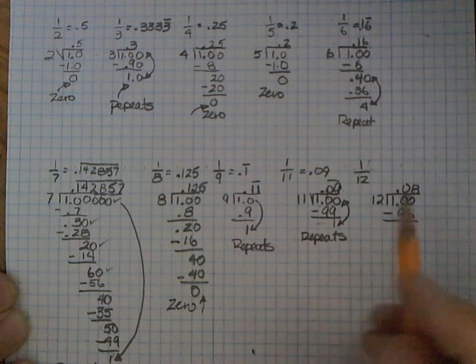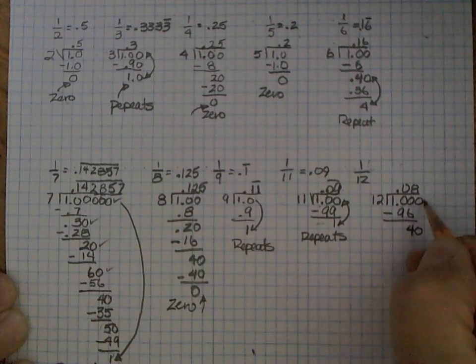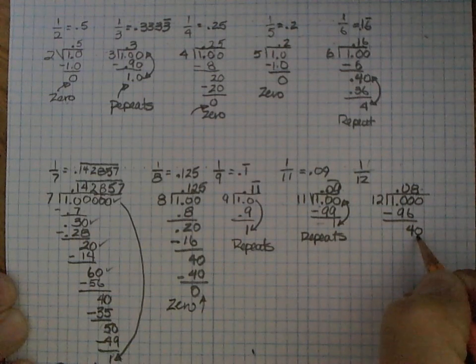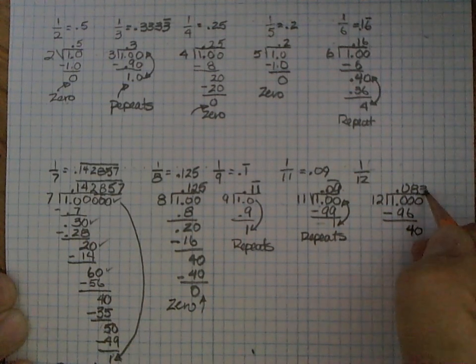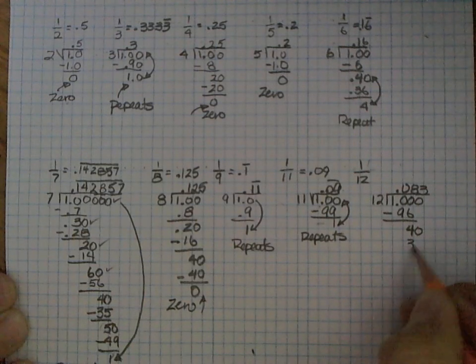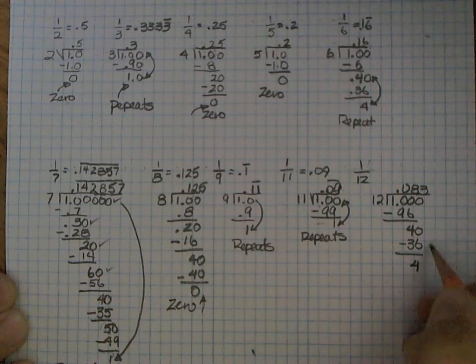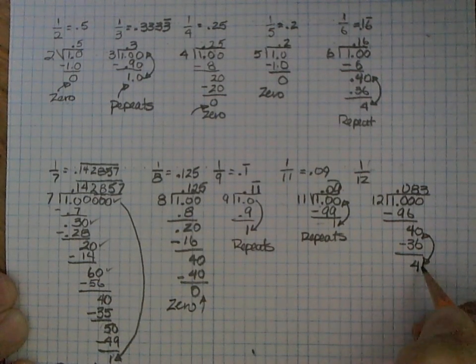Okay, so 12 won't go into 4, but it will go into 40, so I have to add another decimal. So now I have 3 decimal places, and an extra spot right here on top. So I times that by 3. 3 times 12 is 36. And abracadabra, hocus pocus, do you see where it repeats? Right there, it repeats at 4.